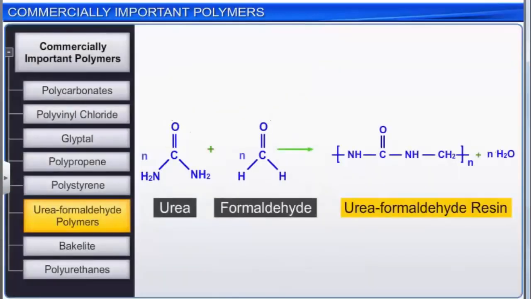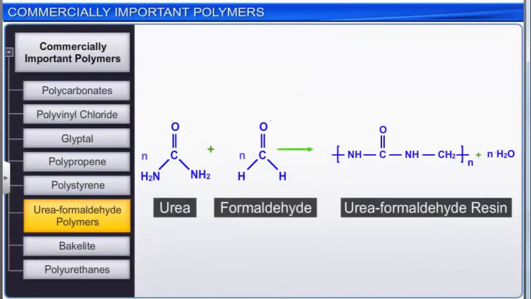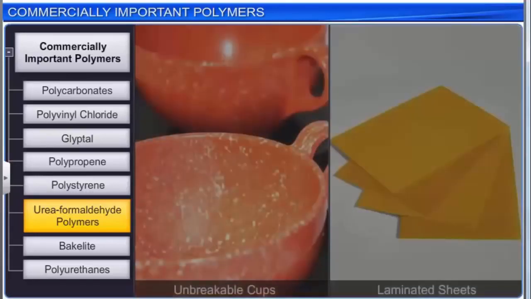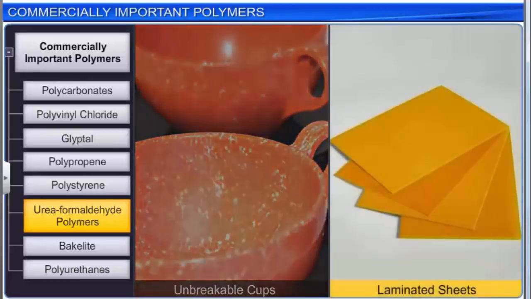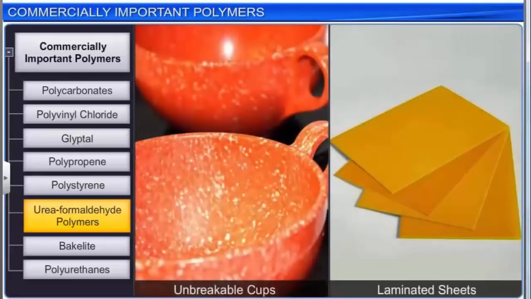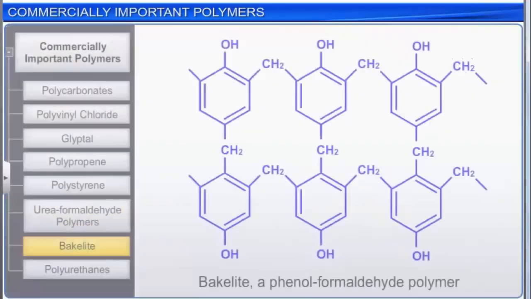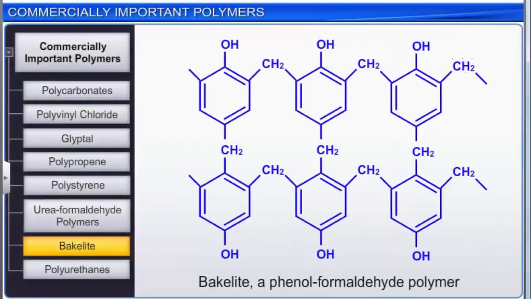Urea formaldehyde polymers are formed from the condensation reaction between urea and formaldehyde. Urea formaldehyde polymers are used for making unbreakable cups and laminated sheets. Bakelite, a phenol formaldehyde polymer, is another commercially important condensation polymer.